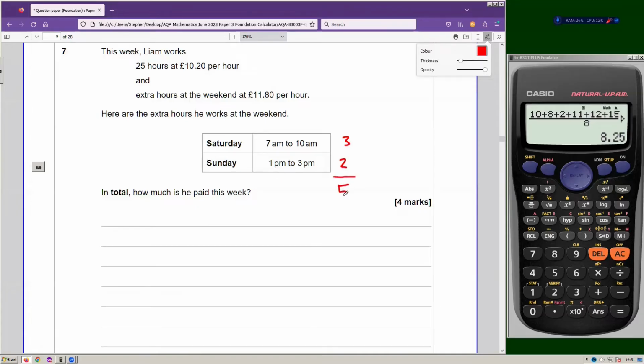He's done an extra 5 hours at the more money. So it's going to be 25 times 10.2 plus the 5. I'll put the hours first times 11.8, and we can use our calculator. Equals, and all we're going to do is put our answer down into our section below.